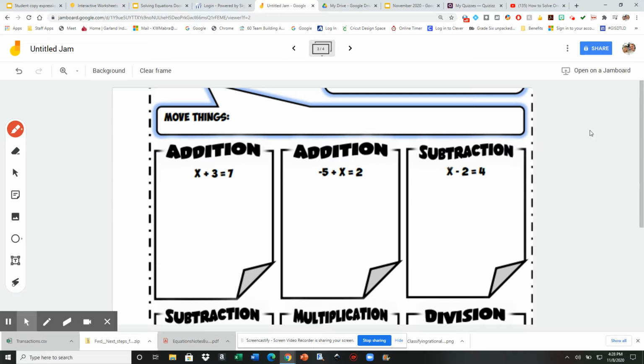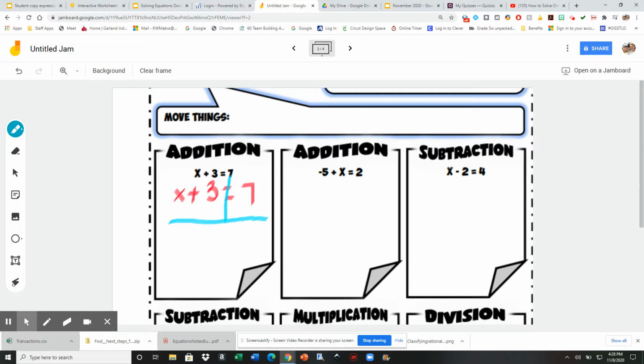So this says x plus 3 equals 7, and I'm just going to rewrite it. The first thing you have to ask is, is my variable by itself? No, it's not. So I want you to draw a line that separates out your variable side and then your number side.